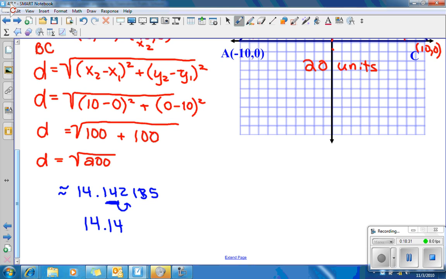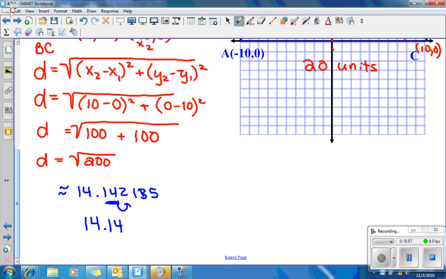When I typed it in my calculator, because I don't know it in my head, it was 14.14, and it keeps going forever. The square root of a number that doesn't come out evenly is an irrational number, so it keeps on going forever. So either you have to simplify the square root, remember doing our little factor trees? You could do it that way. If it tells you to round is the only time you do this.